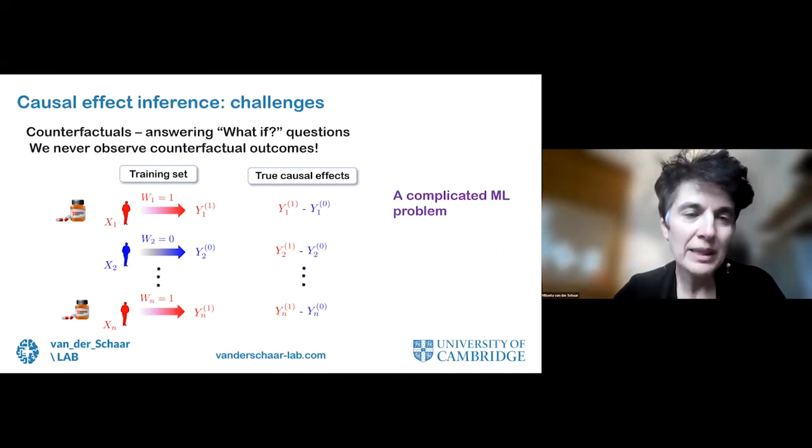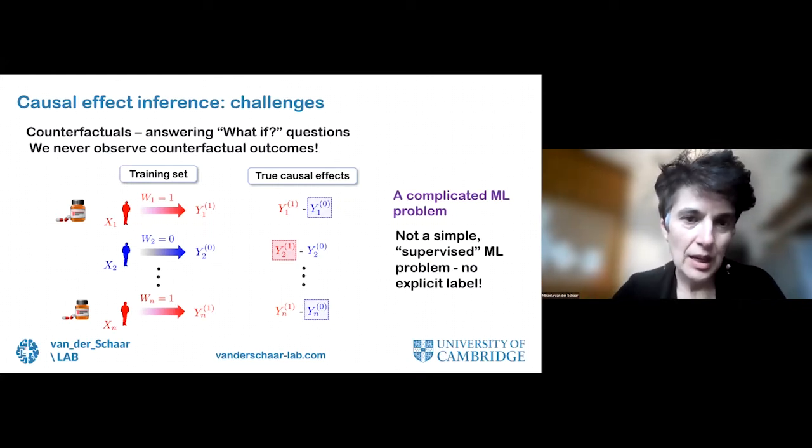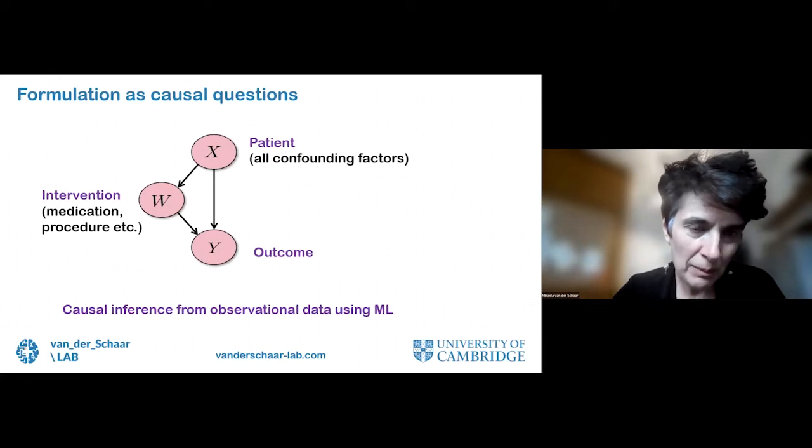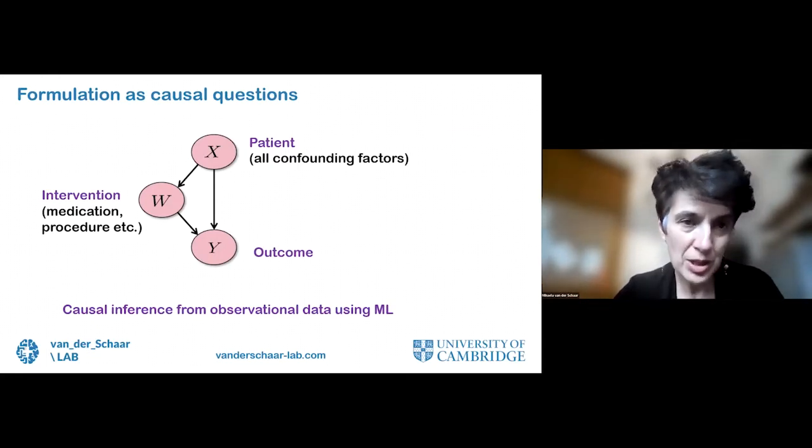It's a very complicated causal effect inference problem. And again, we do not have labels. We only have labels for what we have done and what we have observed, and not for the many other counterfactuals. So one can pose that as a causal inference problem, where we are learning from observational data using machine learning.